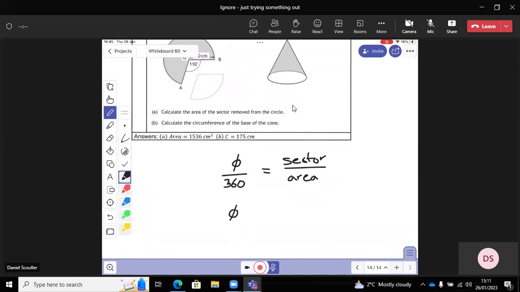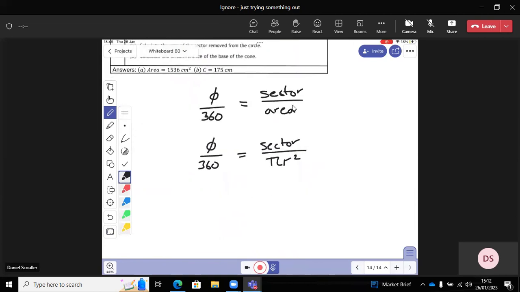So the angle we're given over 360 equals sector, which we don't know, that's what we're trying to find out, over pi r squared. Importantly, that equation, pi r squared, you need to know, hopefully you know that already. Pi r squared is the area of a circle.